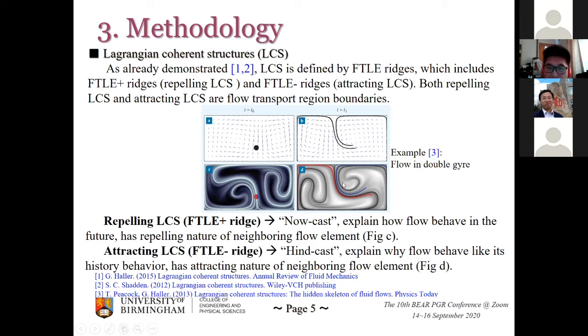So the red line and the blue line are on different sides of the black line, because the black line is a boundary.